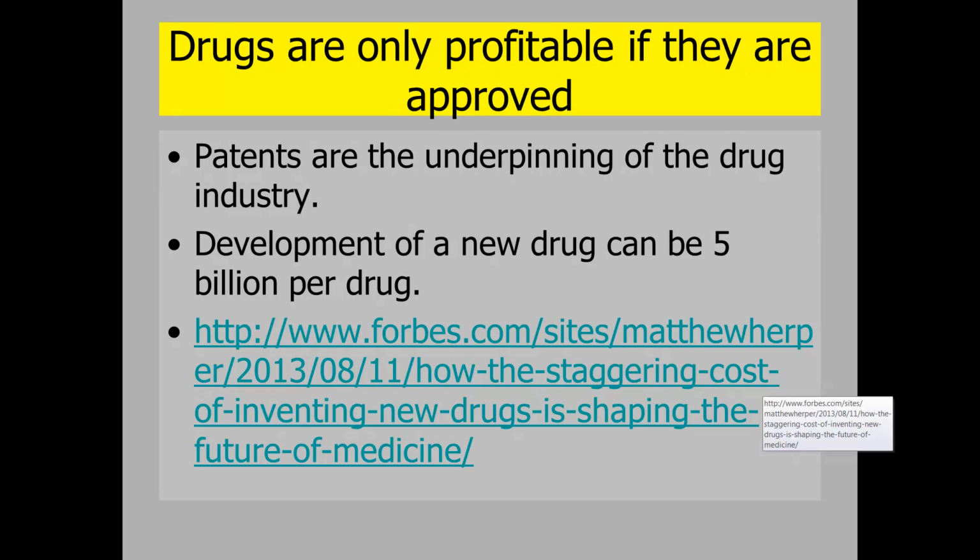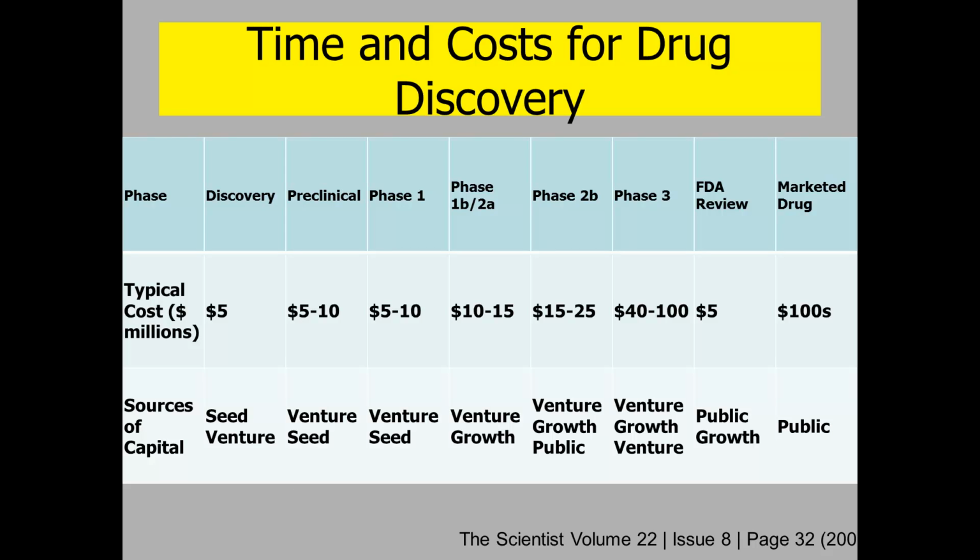One problem with this is that a lot of drugs are started in those discovery and preclinical phases that never make it to a human trial. So you may discover 20 drugs, but only one of those may go on to become a commercial product.